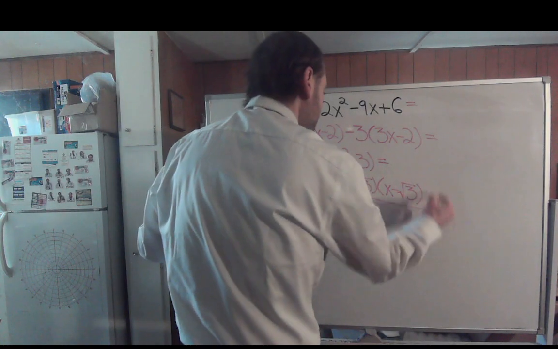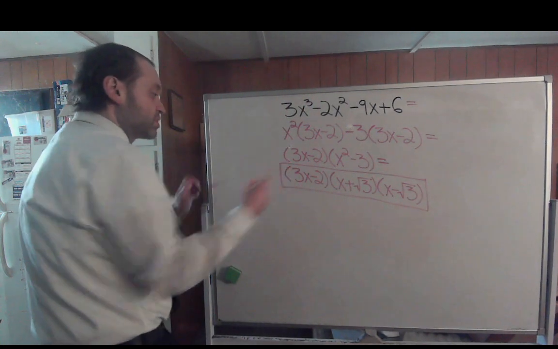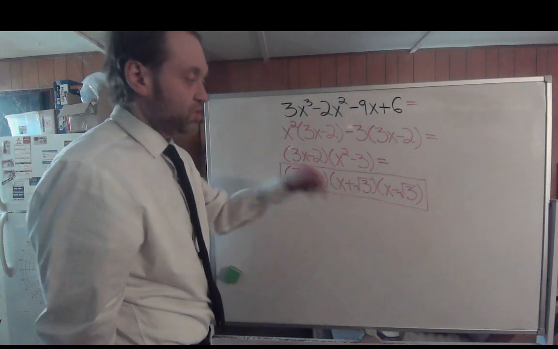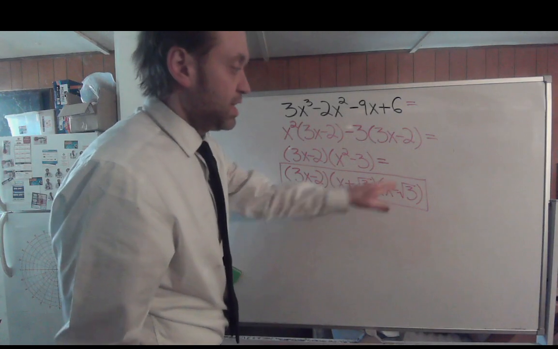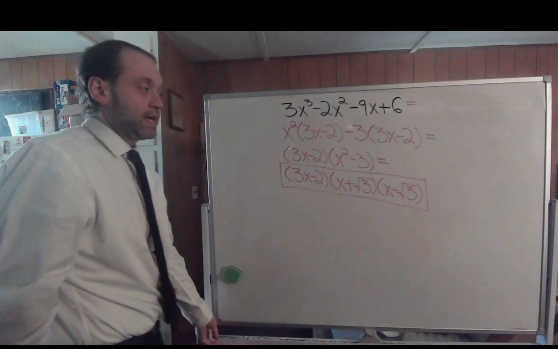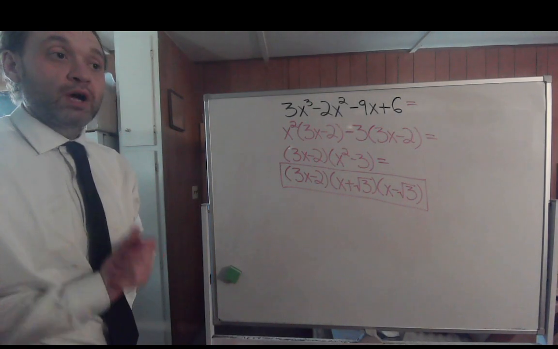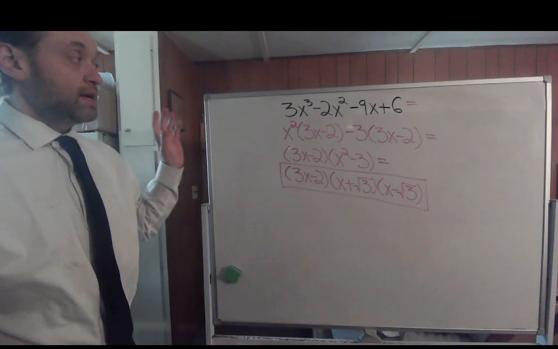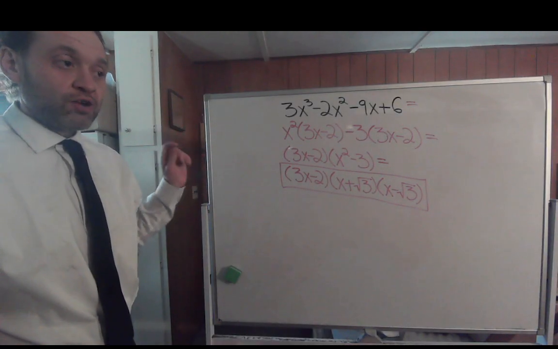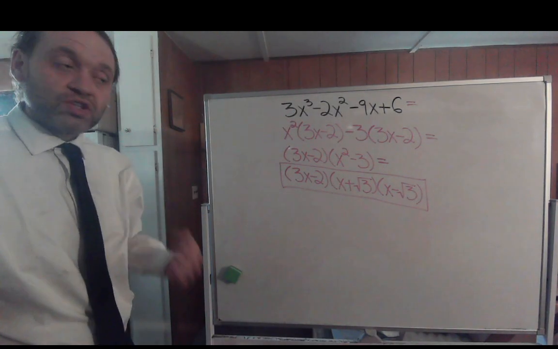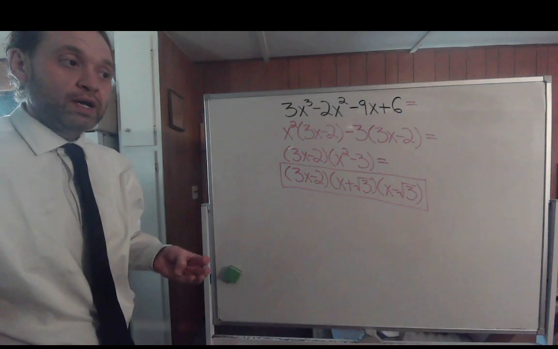So the complete factorization for this would be the quantity of 3x minus 2 times the quantity of x plus the square root of 3 times the quantity of x minus the square root of 3. Again, we always want to factor completely wherever we can. And factoring by grouping is best to use with odd power polynomials, such as 3, 5, 7, and so on.